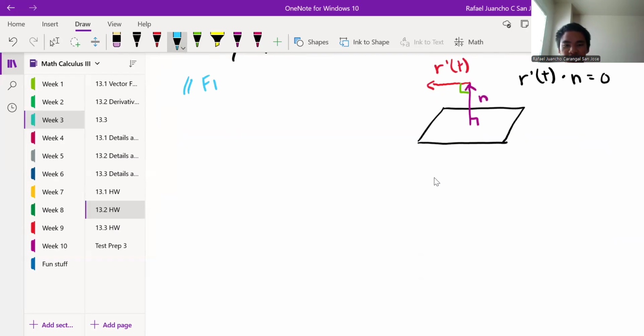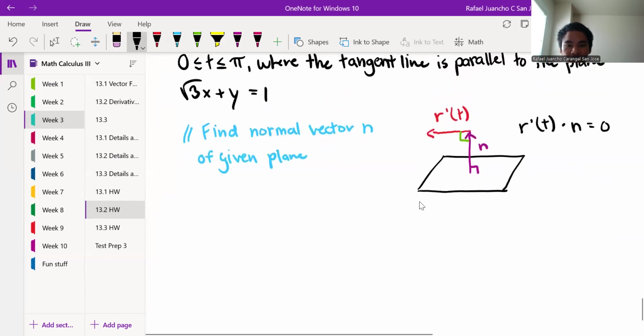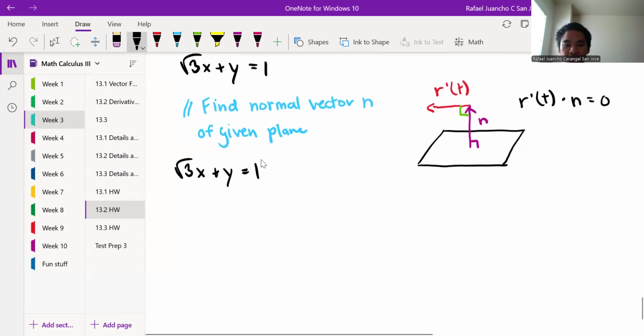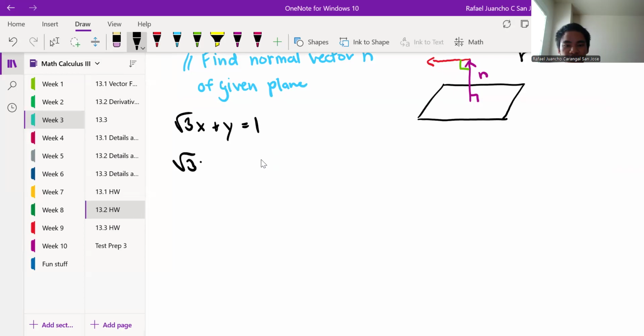So the first thing we want to do is find the normal vector of the plane. Let's denote it as n of the given plane. So let's quickly do that. Here we're given this equation: square root of 3x plus y equals 1, which can actually be rewritten as square root of 3x plus y plus 0z equals 1.